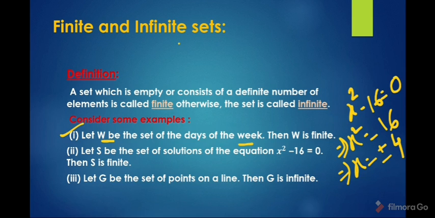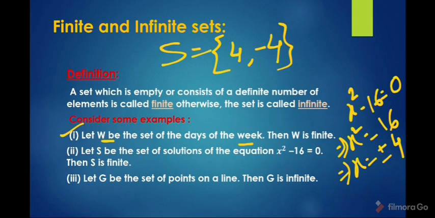That means S is the collection of positive 4 and negative 4, because these two elements satisfy the equation. As you can see, only 2 elements belong to S, so S is a finite set.